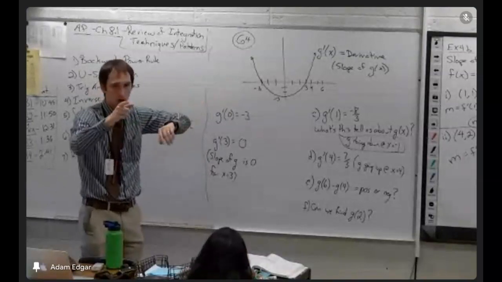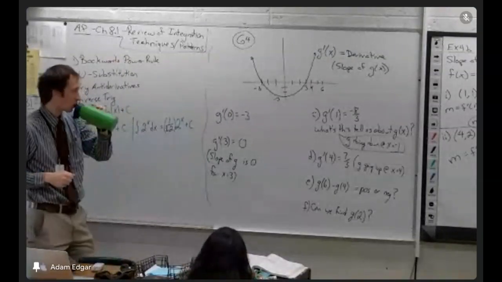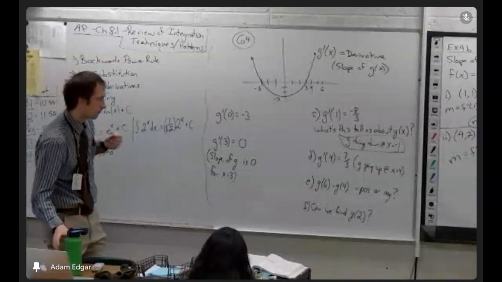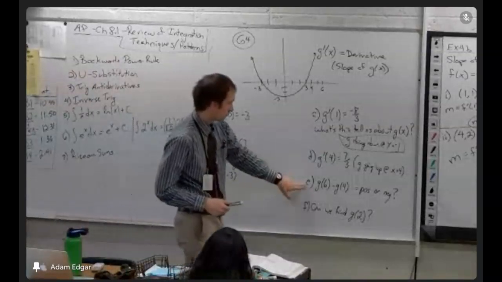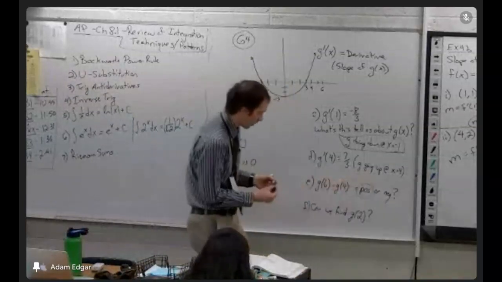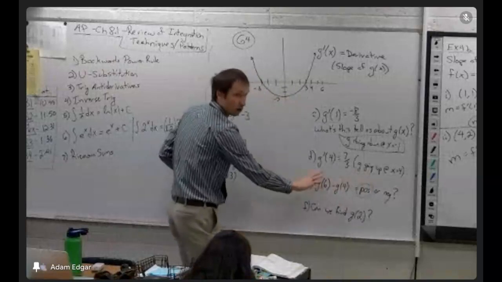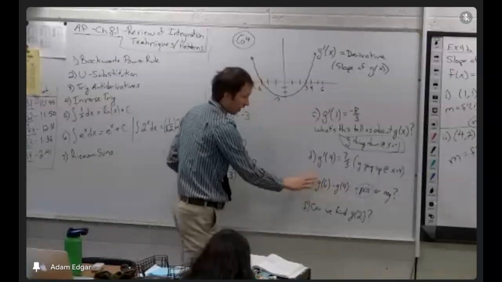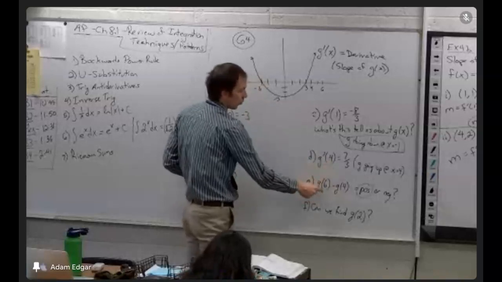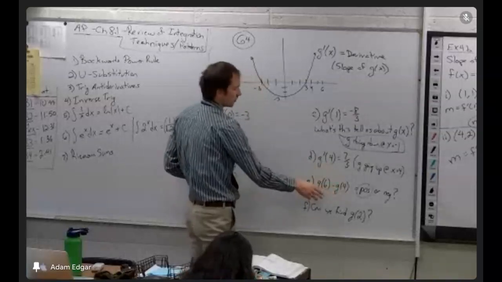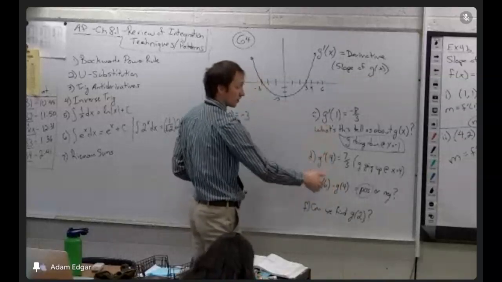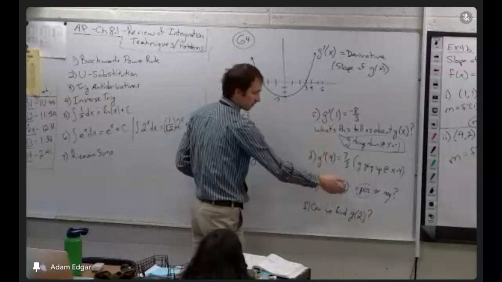Laura, I saw a hand up. So here we're trying to ask you to think about, you don't know what either of these points is, so I meant it like this. Yep. So that's a good question. So why are we thinking about this? This is telling you the difference in the height of the curve from 6 back to 4.